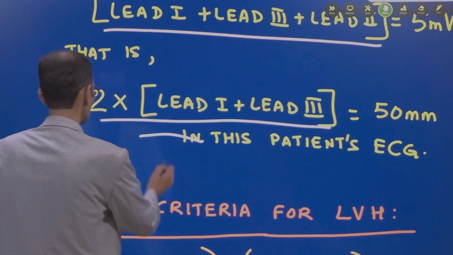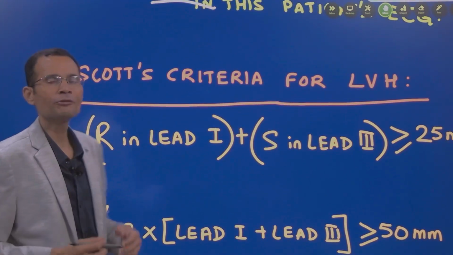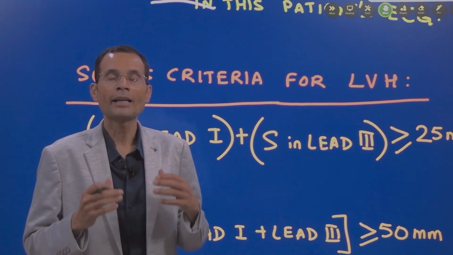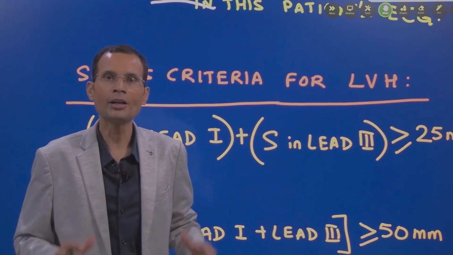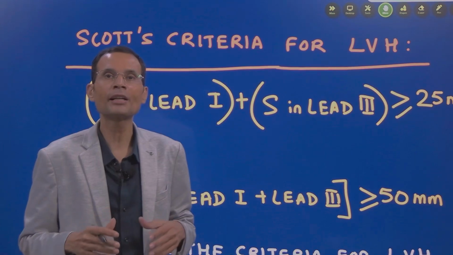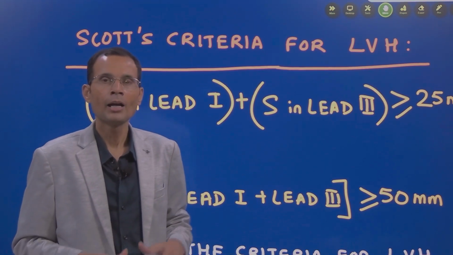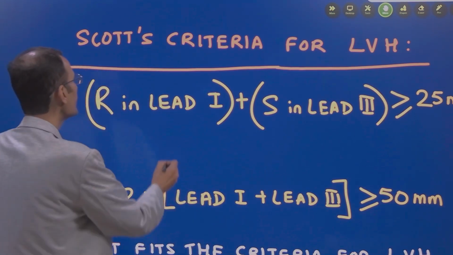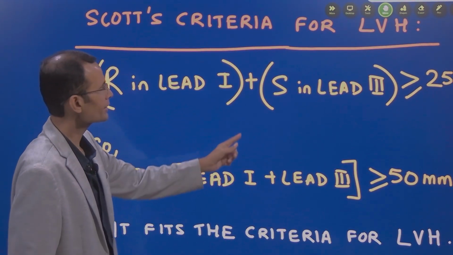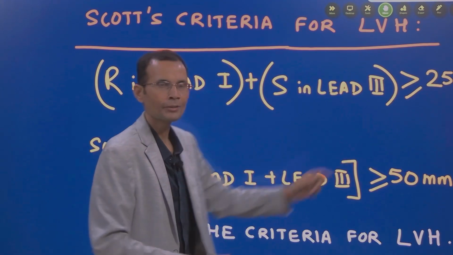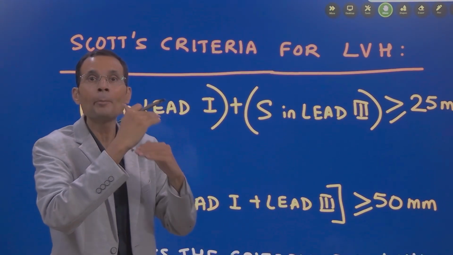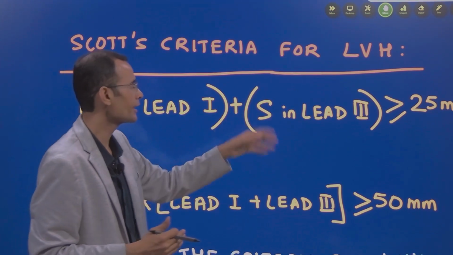That's certain. Now coming to the fact that you had to know to solve this MCQ. And the fact is Scott's criteria. Scott's criteria is for the diagnosis of left ventricular hypertrophy. According to Scott's criteria, R wave in lead 1 plus S wave in lead 3, if you add these two amplitudes, we are talking about the amplitudes of these waves, R wave and S wave.